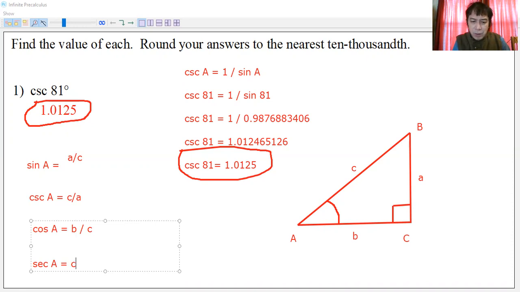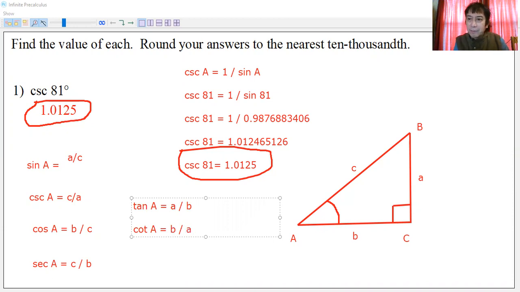Also for the tangent and cotangent, we can write it here. Tangent of the angle A is equal to opposite over adjacent, that's a over b, and the cotangent, the reciprocal of that, so cotangent A is equal to b over a. So these are the 6 trigonometric functions of the angle A.